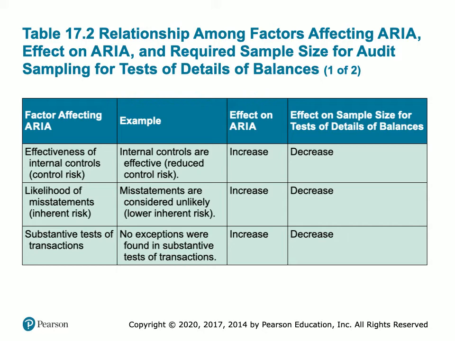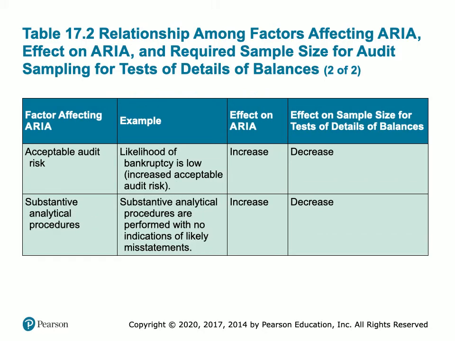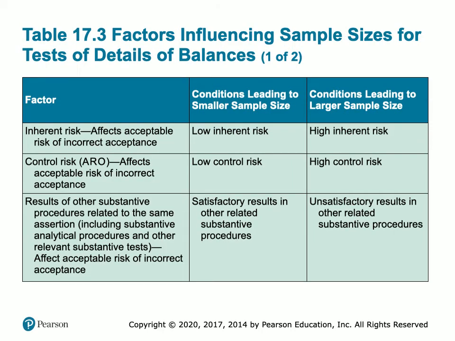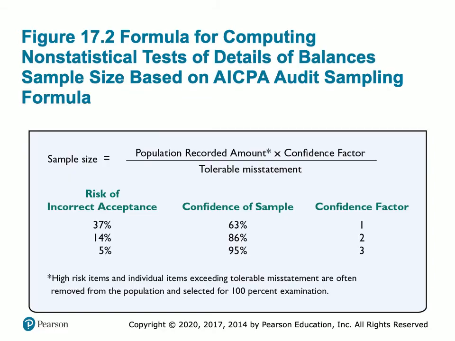Here's other relationship illustrations between the various parts of the audit risk model. So you can see the effect on sample sizes, increase and decrease, the effect on your conclusions, and so everything comes back to an audit risk model.